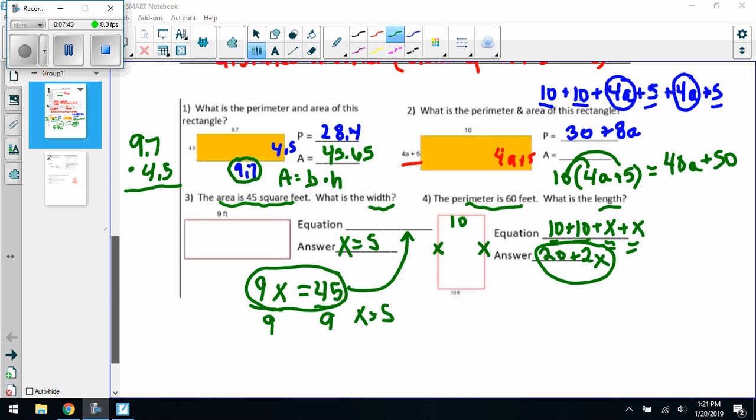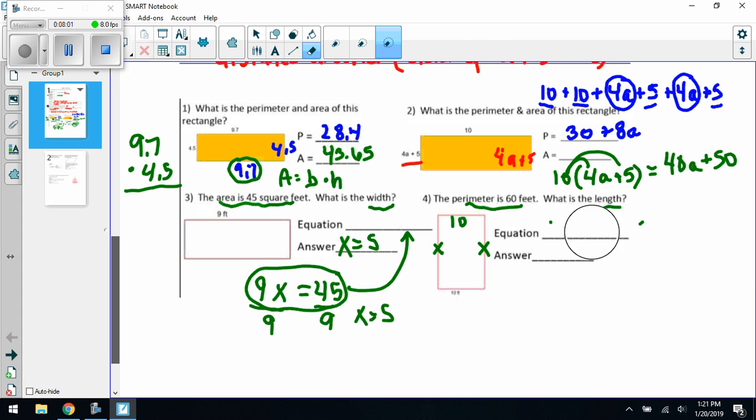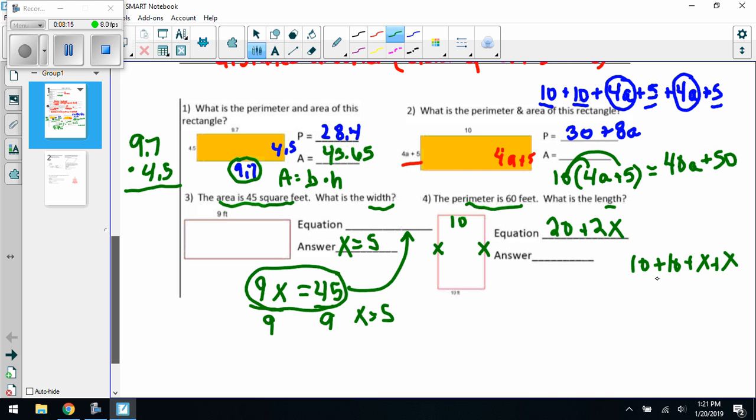And as I paused the video, I went back and looked at what I underlined in the question, and it told me that the perimeter is 60 feet. So actually, I did not answer the question correctly. The equation is 20 plus 2x, and I'll rewrite it again, how I got that. By combining like terms, 10 and 10 equals 20. x and x does become 2x, but in the question it says perimeter is 60 feet.